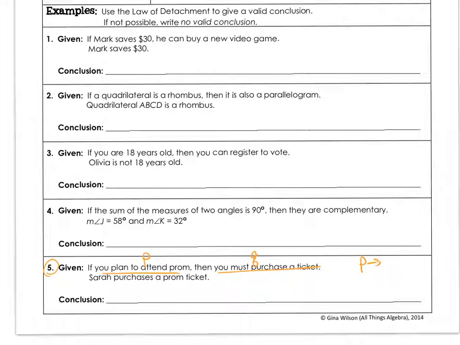So our symbol is if P, then Q. P is true, therefore Q is true. But in this case, I'm going to use a red one. It says that rather than P, I have if P, then Q. But Q is true. It doesn't say anything. Therefore, the answer is no valid conclusion.